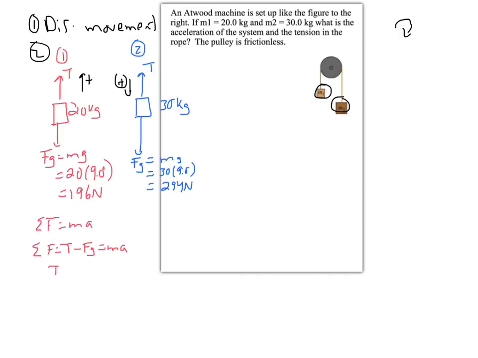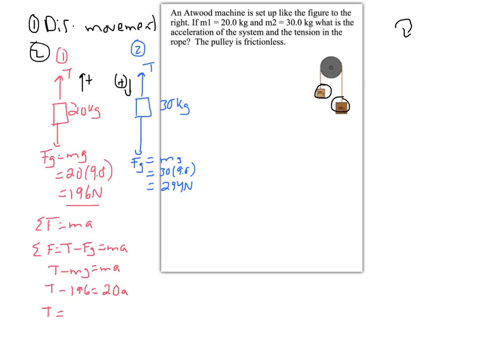Tension is just T because we don't know what tension is. Fg is mg, and ma is ma. So we have tension minus mass times gravity, which we already know is 196, equals 20 times A.